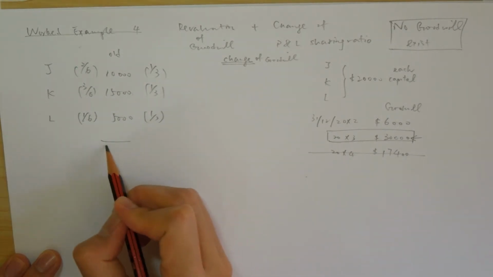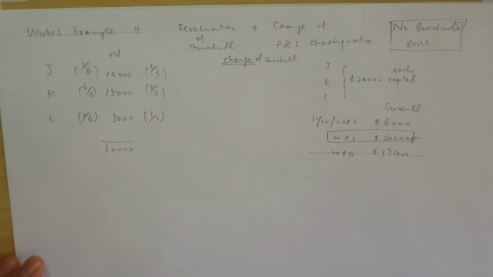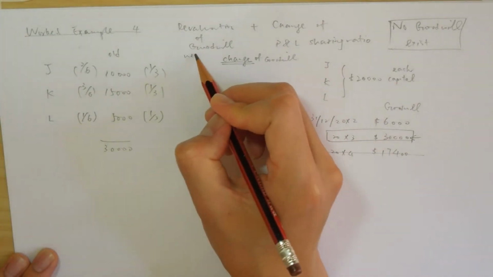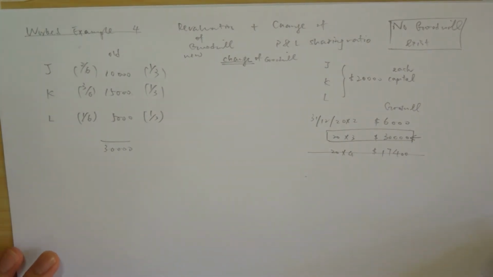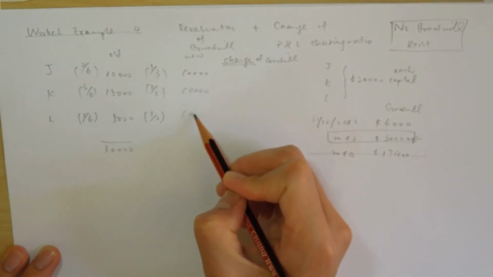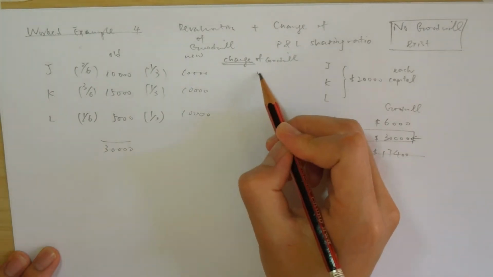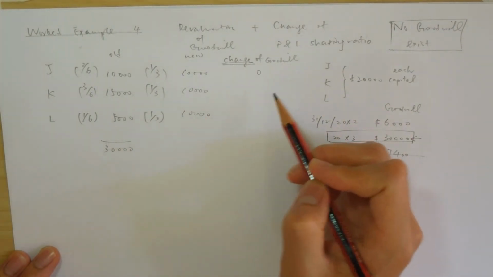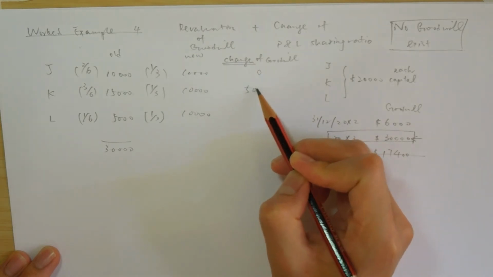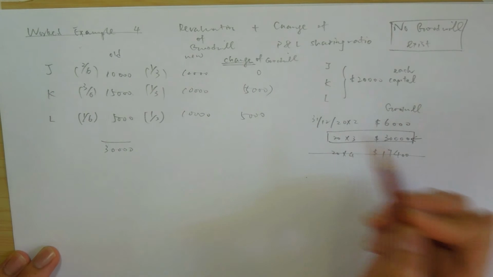So you find the total is 30,000. We ignore the previous one. The new one, we share by the new ratio: 10,000, 10,000, and also 10,000. So for the change, for J, no change here. For K, negative 5,000, and for L, positive 5,000.